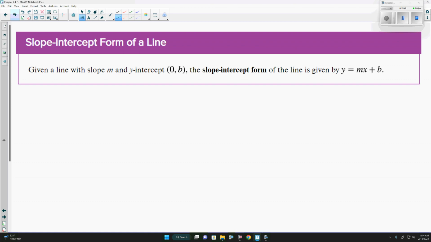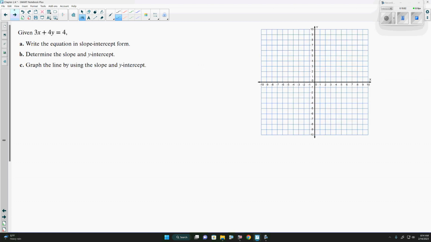Given a line with slope m and y-intercept 0, b, the slope-intercept form is given by this here. So the first thing we want to do is write the equation in slope-intercept form, determine the slope and y-intercept, and then graph the line. Well, if we want to rewrite this in slope-intercept form, all we need to do is solve it for y. We need to get y by itself.